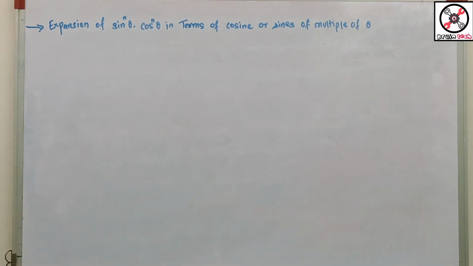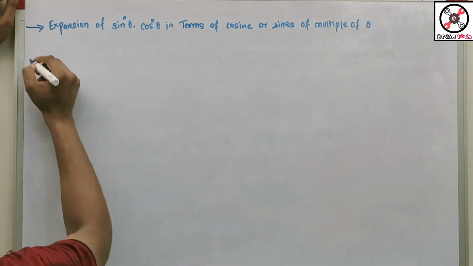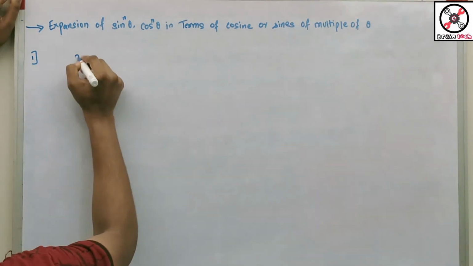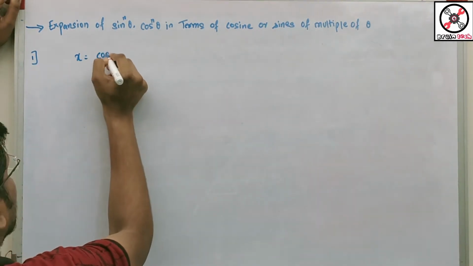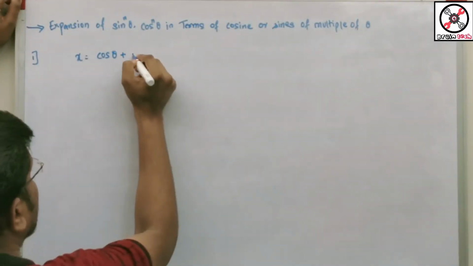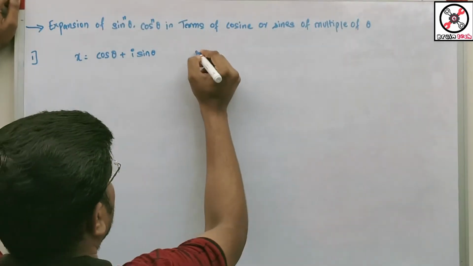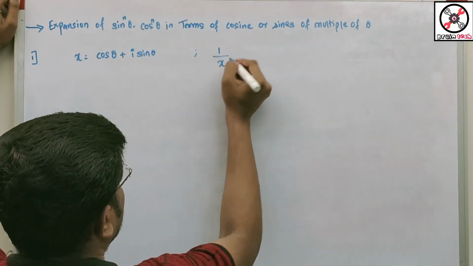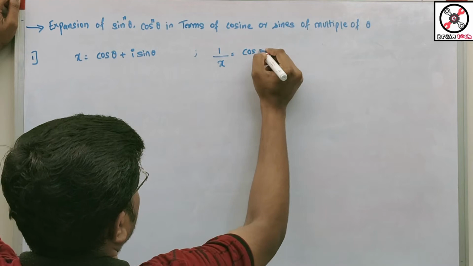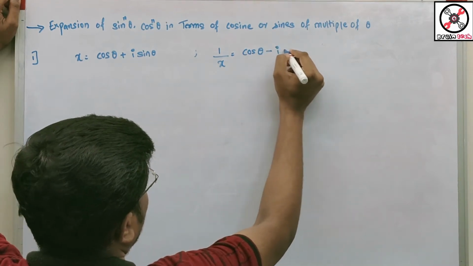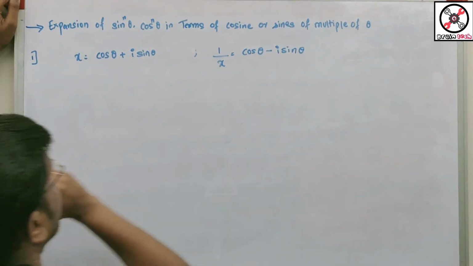For this topic, the basic steps are: first, x equals cos theta plus i sin theta, which everyone knows, and the inverse will be with a negative sign, which is cos theta minus i sin theta.